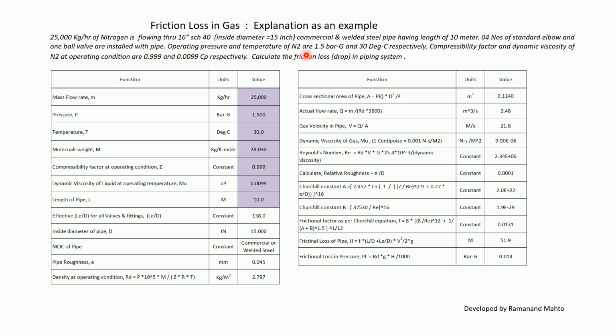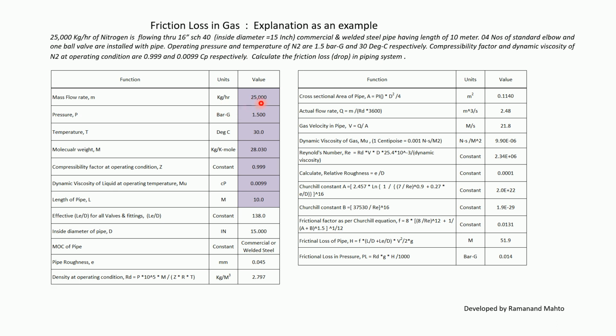Operating pressure and temperature of nitrogen are 1.5 bar gauge and 30 degrees Celsius respectively. Compressibility factor and dynamic viscosity of N2 at operating condition are 0.999 and 0.0099 cP respectively. Calculate the friction loss or pressure drop in piping.